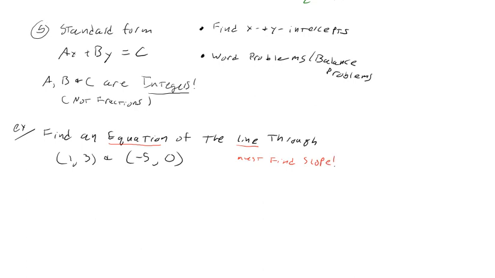When it says equation of a line, think about these 5 different types of lines and how you're going to find an equation of that. When you see the words equation and line, you know you're going to need a slope. Equation of a line, you need a slope.